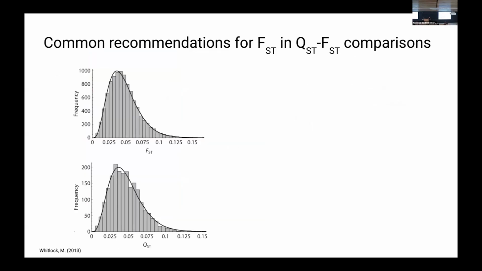So now we have many ways to compute an overall FST or an FST distribution. How should we choose the FST distribution as a null for the QST-FST comparisons? One common recommendation is to use the distribution of single-locus FST, which has been proven to be a very good null when comparing FST and QST for a trait affected by a single locus.